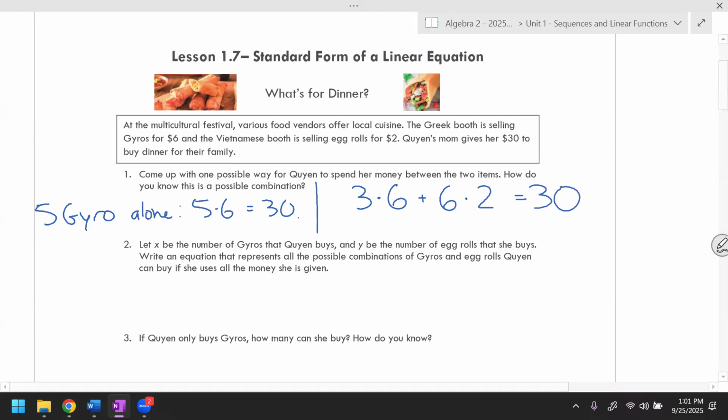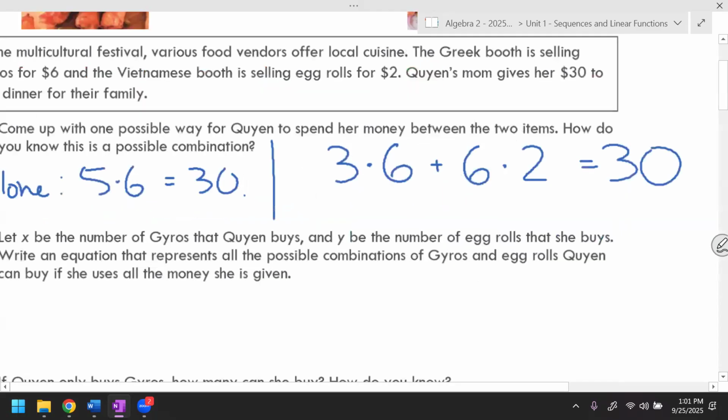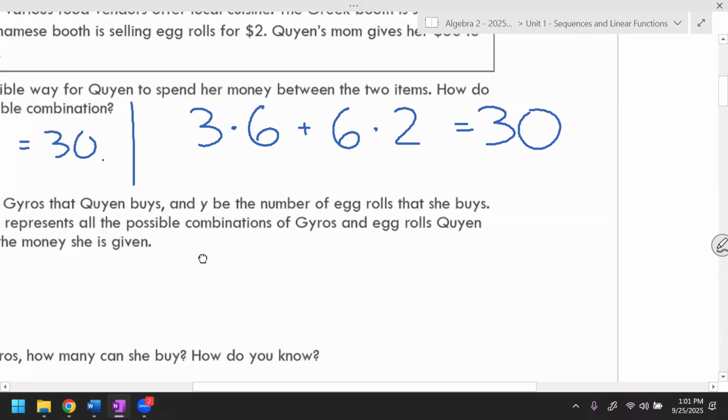I just want to notice that I can write that like this. 3 was the number of gyros she bought, and then the cost was 6. So I'm going to write it like this: 6 times 3.